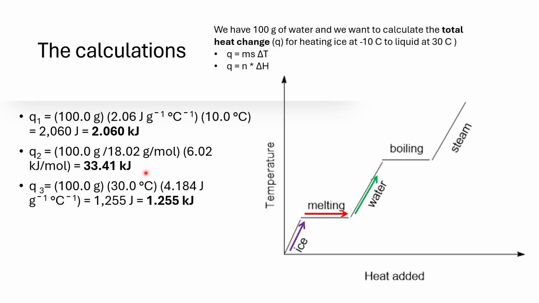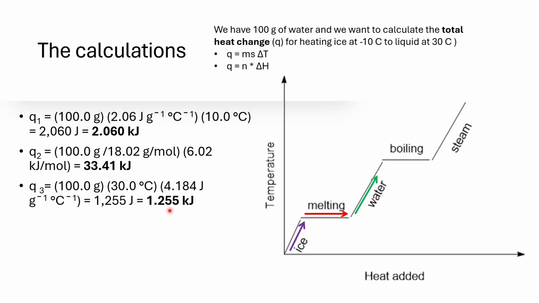Third and final calculation. Q3 is going from 0 degrees centigrade to 30 degrees centigrade for a delta change of 30. Still 100 grams, but now a specific heat for liquid water. When we do the math, we get 1,255 joules, or 1.255 kilojoules.